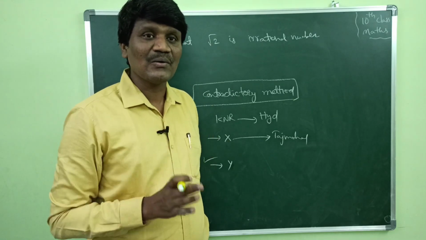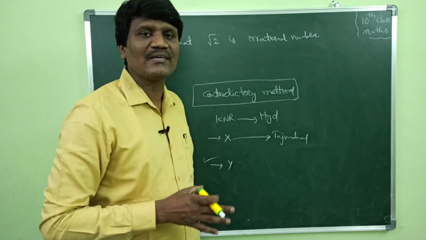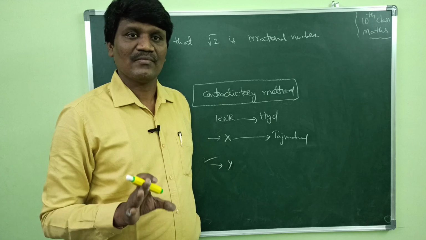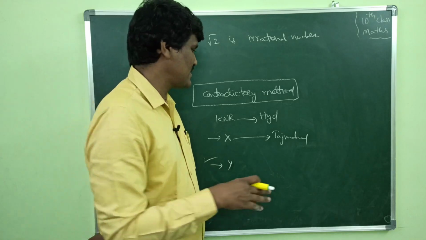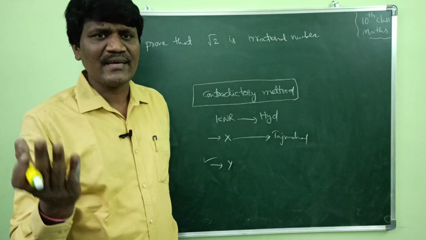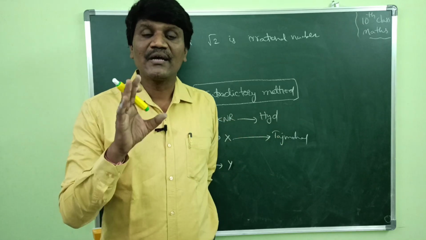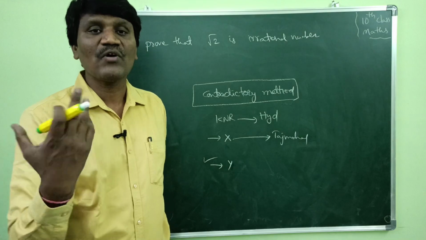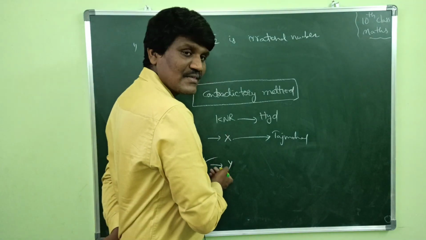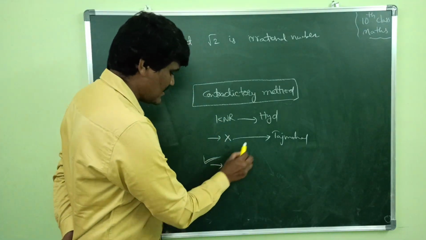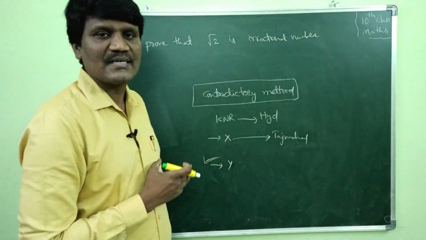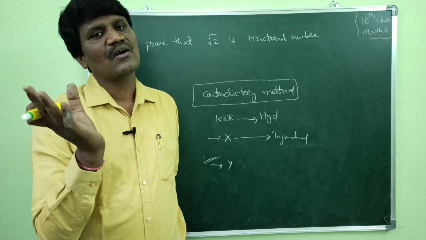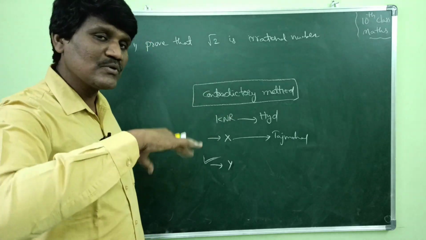Then what I can conclude is that the bus which I started in is the wrong bus. Why did he go to the wrong place? Because he selected the wrong one. Then the opposite one was right. So Y is the correct bus to go to Hyderabad. This is called the contradictory method, the opposite method.